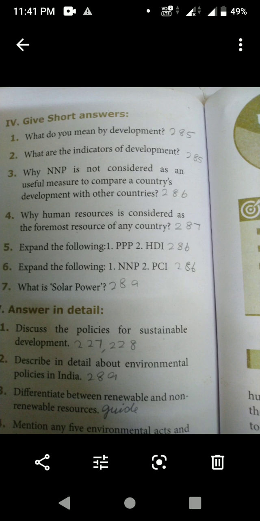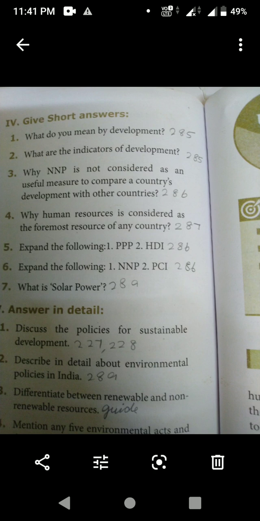Solar power is the conversion of energy from sunlight into electricity, either directly using photovoltaic cells or indirectly using concentrated solar power. Solar panels absorb the sunlight as a source of energy to generate electricity. That's all. That is the 7th question answer.